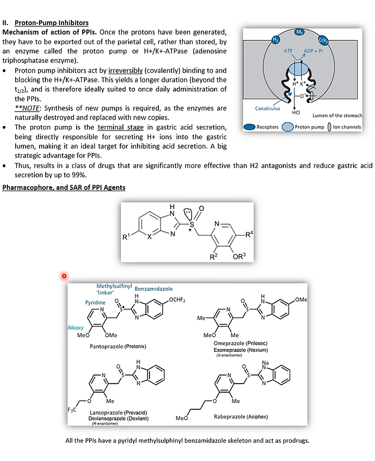Let's talk about the pharmacophore and the structure-activity relationship for the proton pump inhibitors. This shows the skeleton for the proton pump inhibitors. We have 4 products here, and only 2 of them are over the counter.